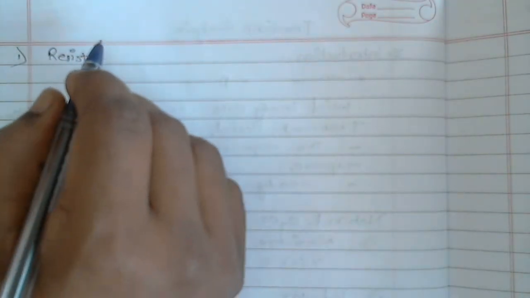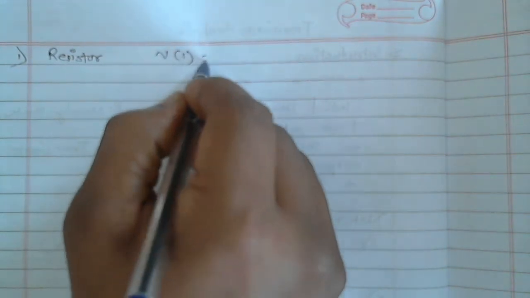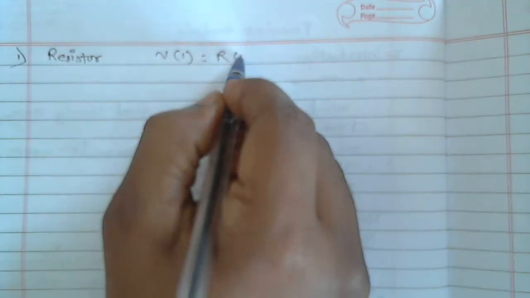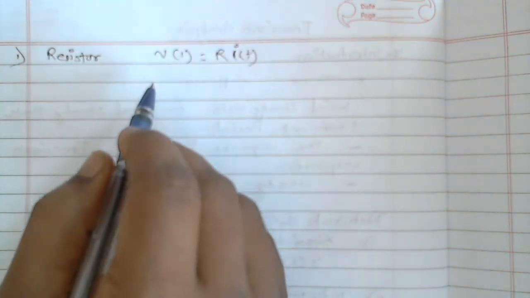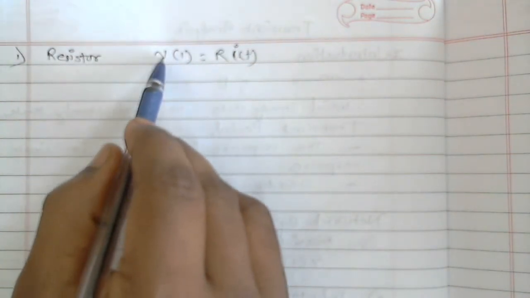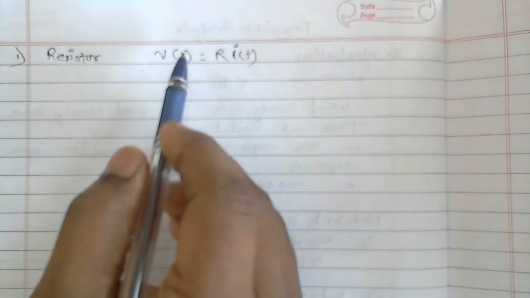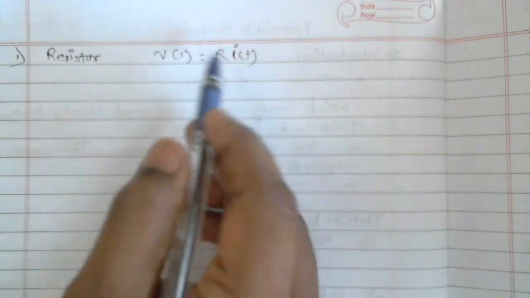Always remember that for a resistor, current and voltage are related by v(t) equal to R into i(t). The current through a resistor will change instantaneously if the voltage changes, or the voltage across the resistance will change instantaneously as the current changes.